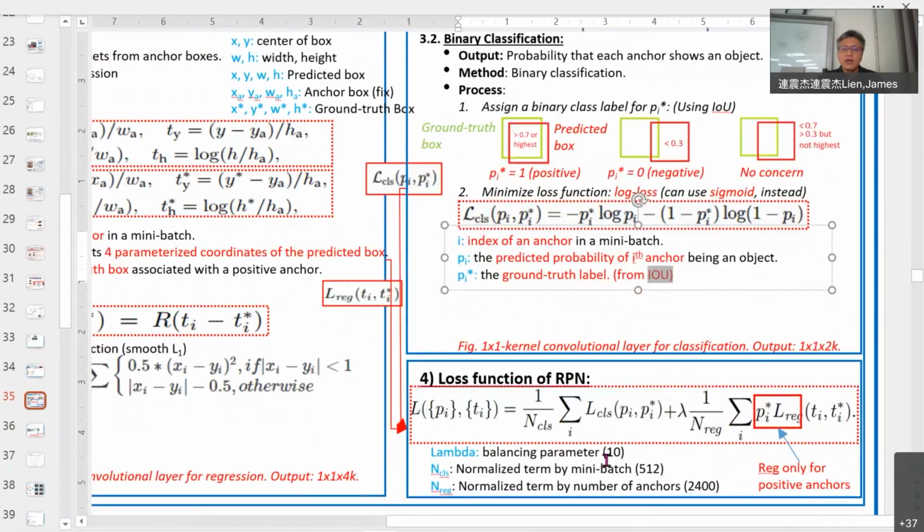Okay, and then normalize this batch size, and this regression, and then normalize by anchors this difference.